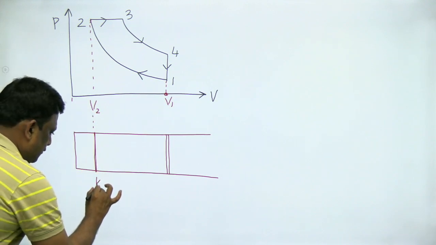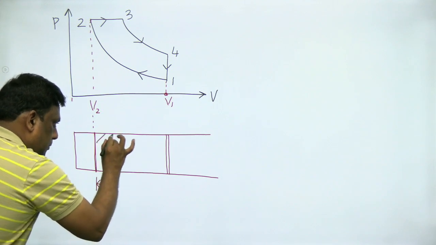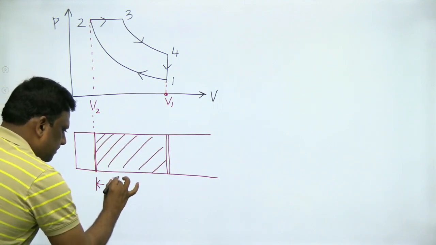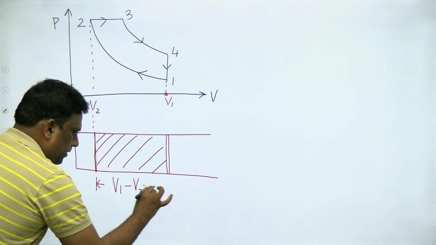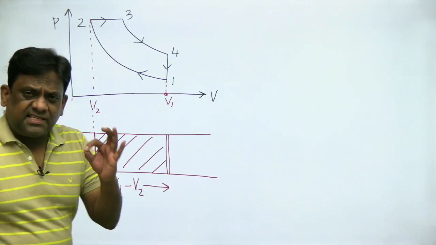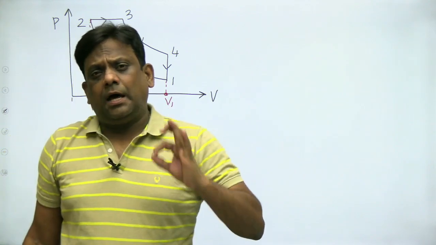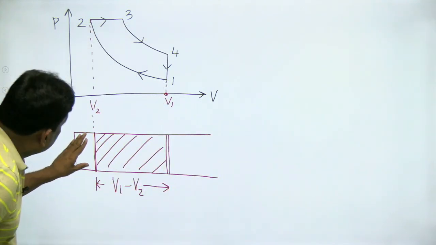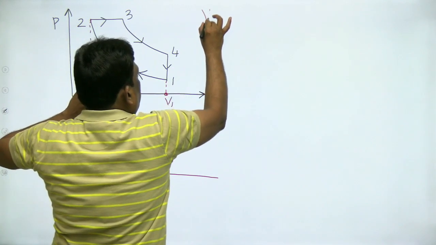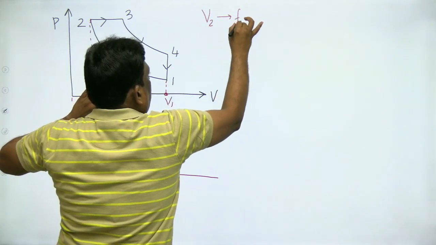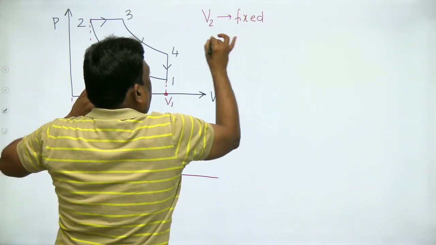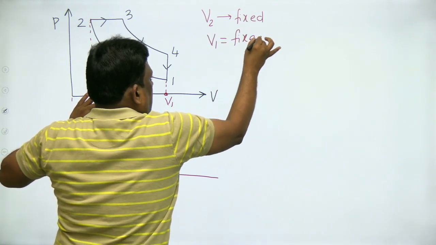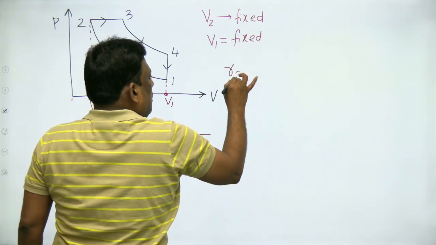So I will write this volume. It's not length. I'm talking about this volume. This complete volume is V1 minus V2. Now, my cylinder dimensions are not changing. Means my clearance volume is fixed. That is V2 is fixed. My total cylinder volume is fixed. V1 is fixed.